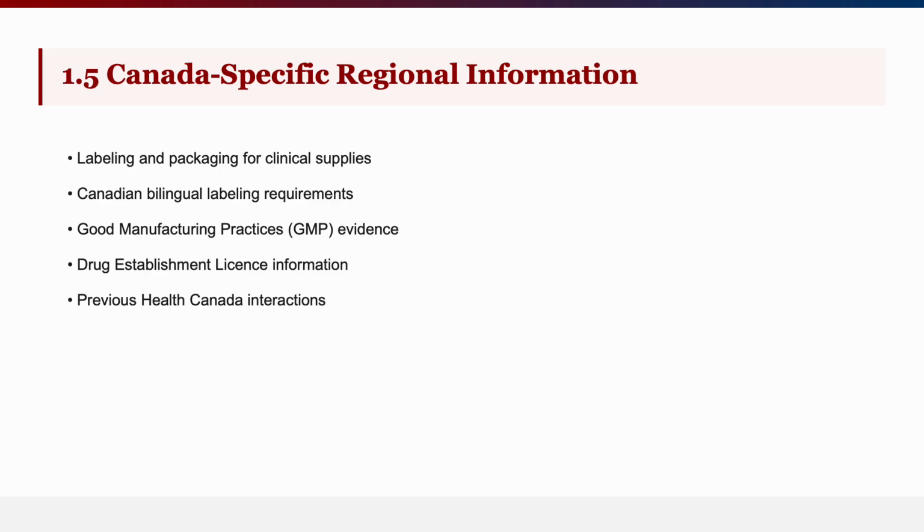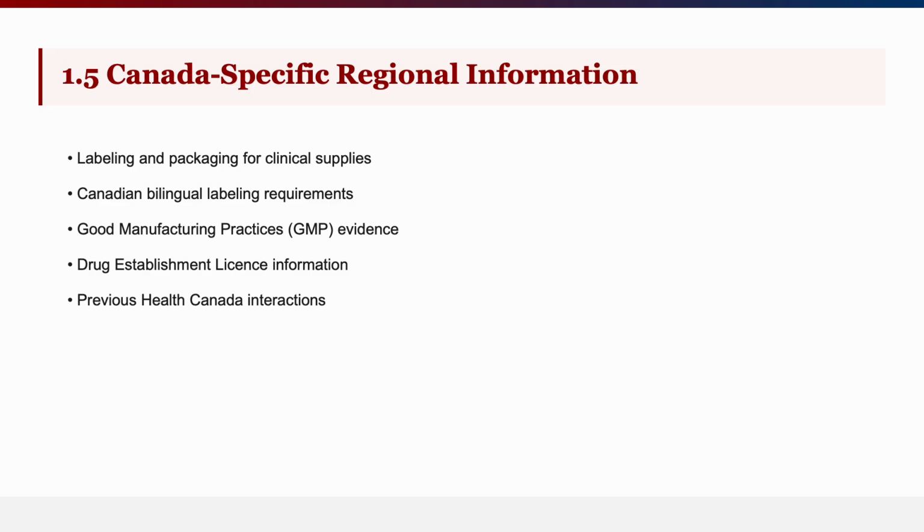appropriate handling instructions. Evidence of good manufacturing practices compliance for the drug product and drug substance may be included here. While detailed CMC information goes in Module 3, evidence that manufacturing occurs at GMP-compliant facilities supports your application.